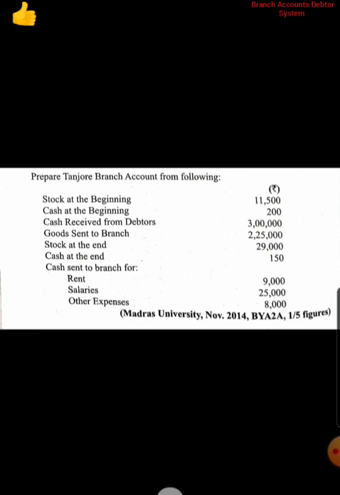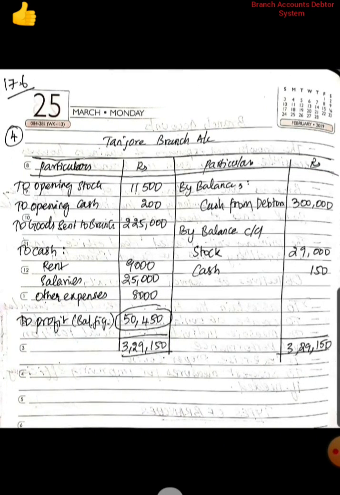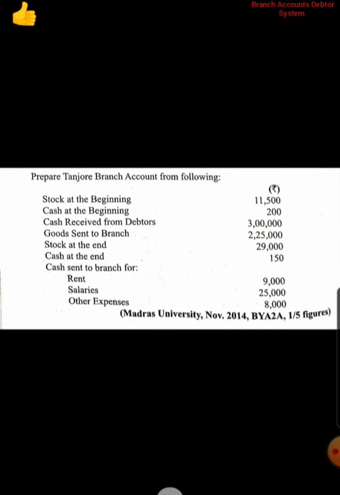Opening stock in the beginning, that is an opening asset. Opening assets are recorded on the debit side. So go to the problem. Here you record the opening stock. And next one, cash balance at the beginning.